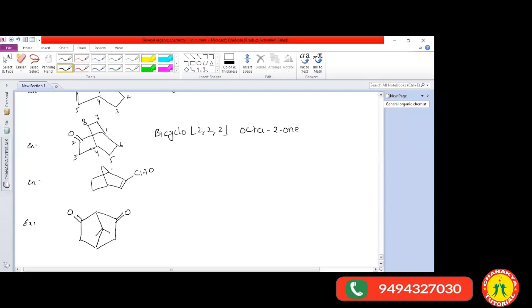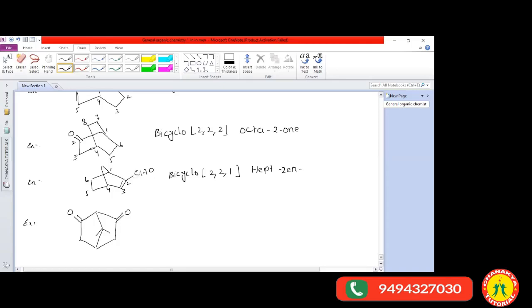Now we can start the numbering from here. 1, bicyclo 2, 2, 1 hept-2-en-2-ol. It's not the 2-ol.